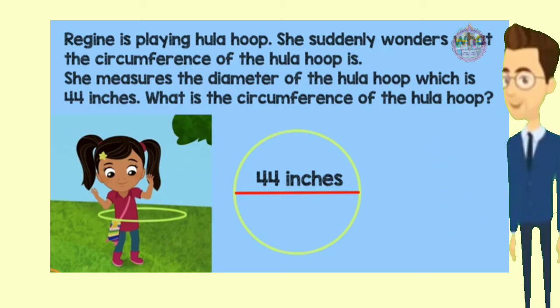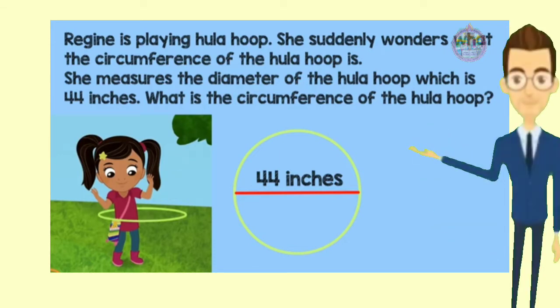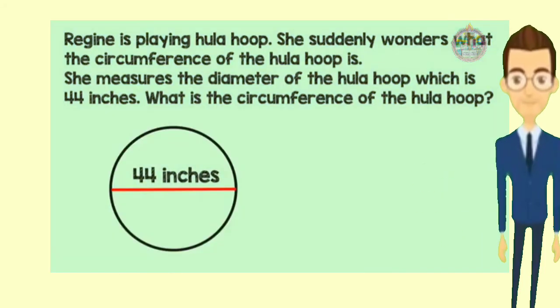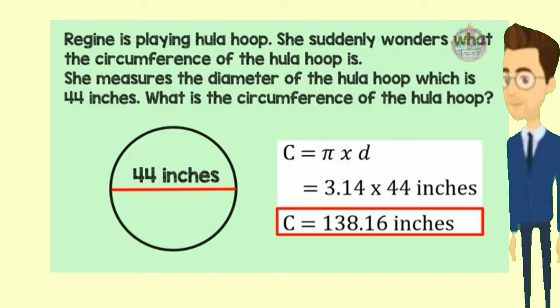It is stated in the problem that the diameter of hula hoop is 44 inches. Using that diameter, we can now find the circumference of the hula hoop. Therefore, the circumference of the hula hoop is 138.16 inches. Good job, you helped Regine in finding the circumference of her hula hoop.